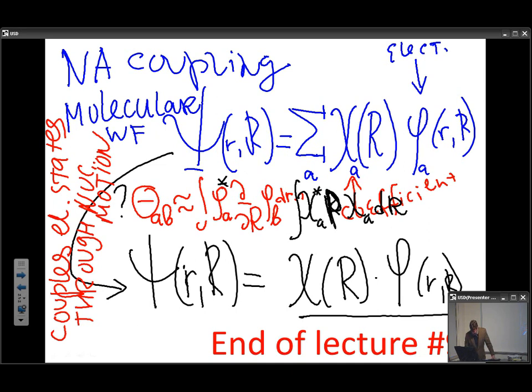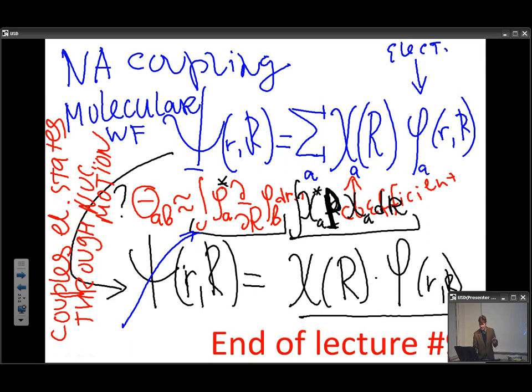and then you multiply it by the momentum. So if the derivative of the electronic wave function with respect to the change of position of an ion is substantial on one hand, and on the other hand, if the momentum of an ion is non-zero, then this approximation doesn't work. So there are two components for non-adiabatic coupling.